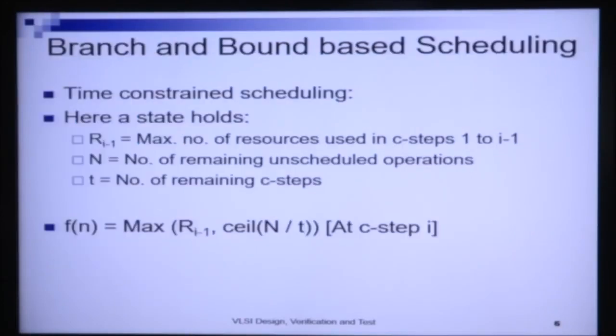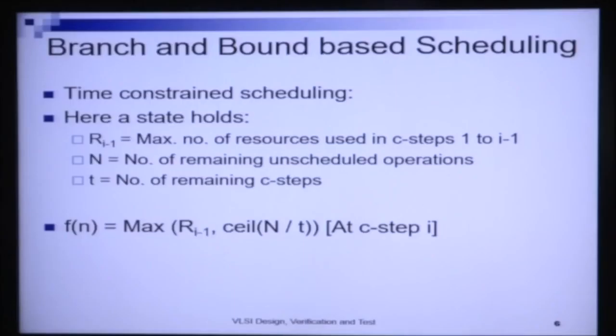So with this understanding of the ILP solution, we now briefly see how the branch and bound solution differs for the time constraint scheduling problem with respect to the resource constraint scheduling problem. Now, in the time constraint scheduling problem, at any given state of the state space, what do we store?